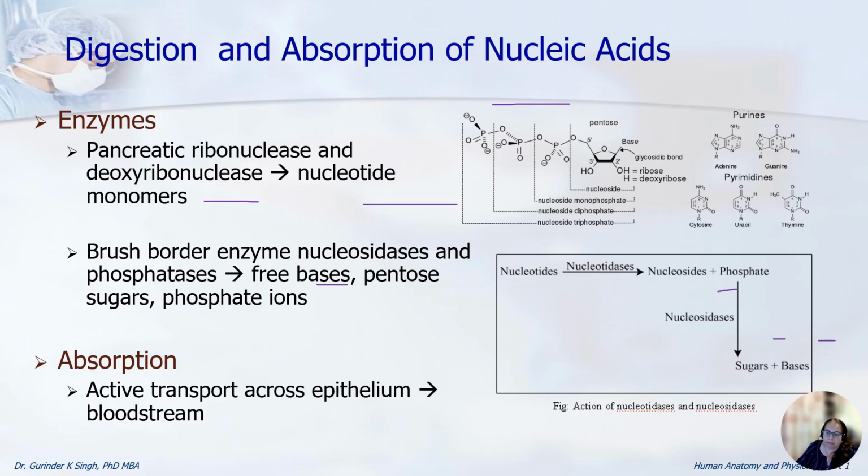The sugar is pentose, and then phosphate is released. Pentose can actually enter into glycolysis through another pathway called the pentose phosphate pathway. And then they can be absorbed. Sugars can be absorbed by the epithelium in the intestine and then can enter into the blood.